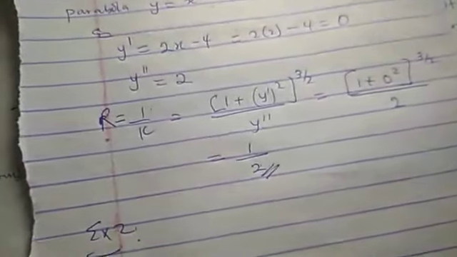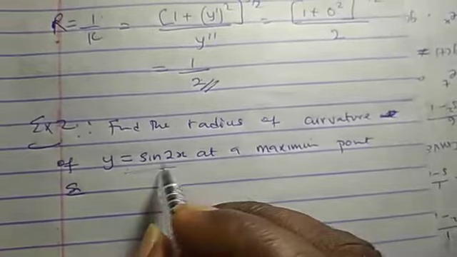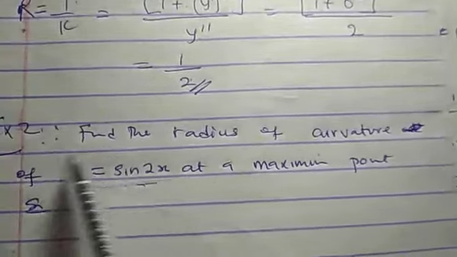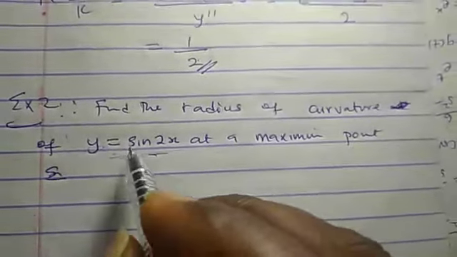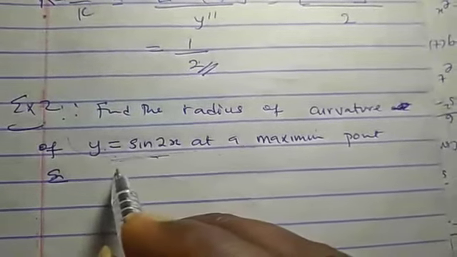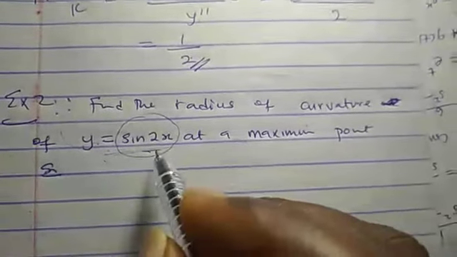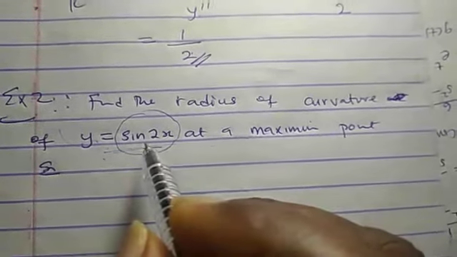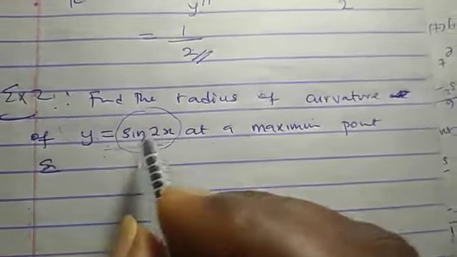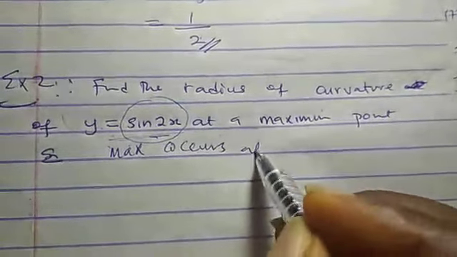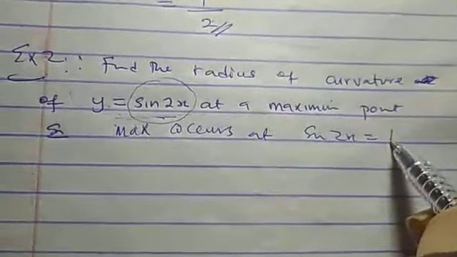Example 2. Another question: find the radius of curvature of this function at a maximum point. We are not given a point, unlike the previous one, but here we say at a maximum point of this function. How do you find the maximum point? The function is sine 2x. We know that sine cannot go more than 1, so the maximum occurs when sine 2x is equal to 1.